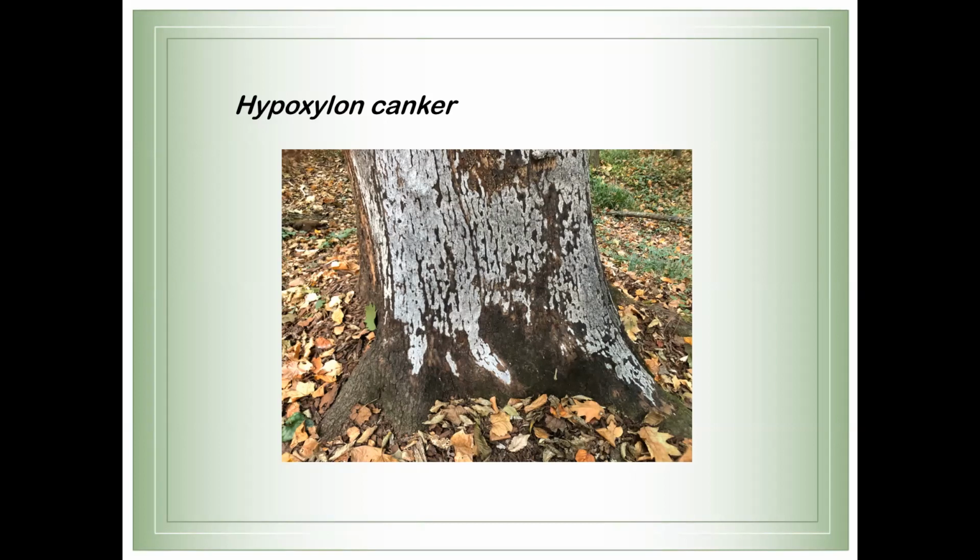This is a fungus called hypoxylon canker. And this fungus usually starts at the very top of a tree and works down. How do you see it from the ground? First off, if your trees have dead tops, I will bring out my birding binoculars and look very closely.